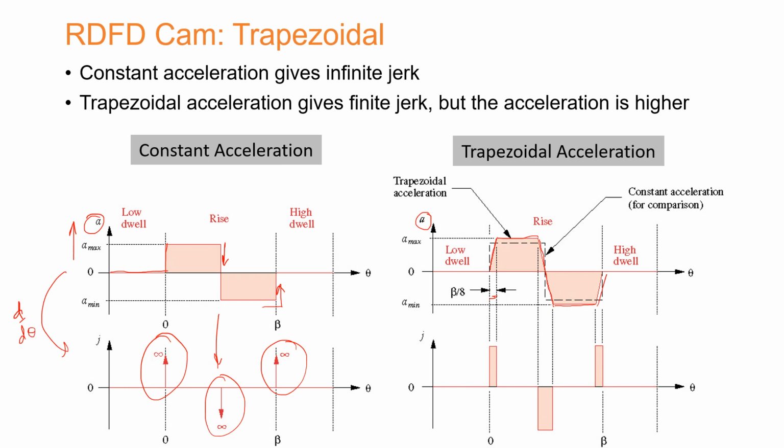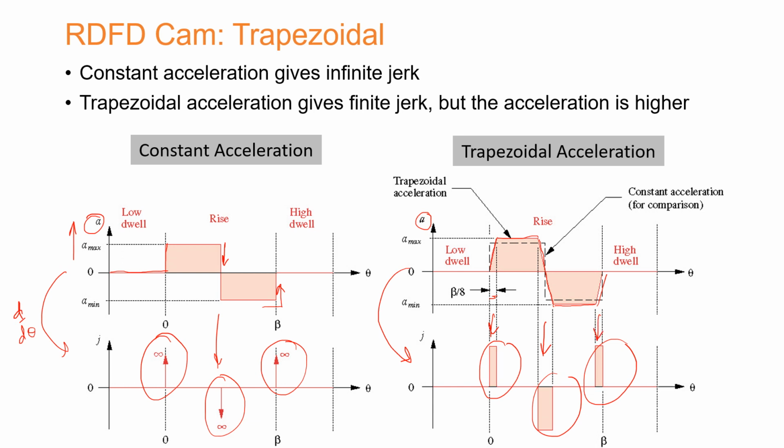Now, by doing that, you are going to have the same behavior exhibited, but now when you take the derivative of this acceleration to find the jerk, rather than having the infinite jerk spikes over here, you're going to have finite jerks appearing over here, corresponding to the subphases that we have mentioned earlier.